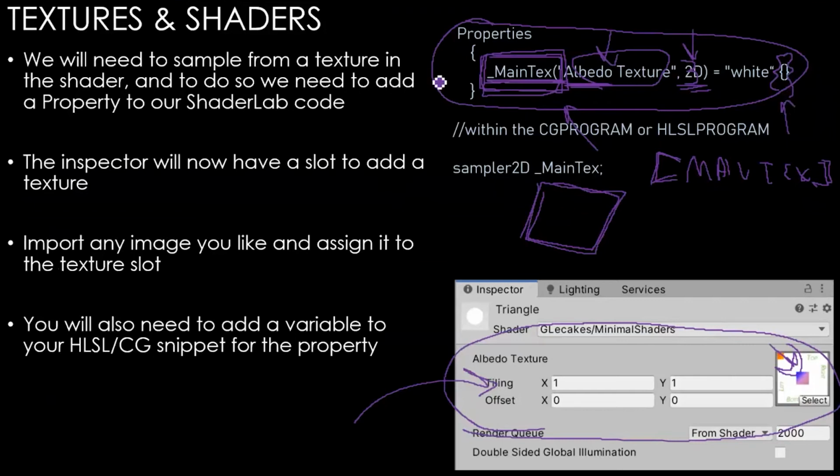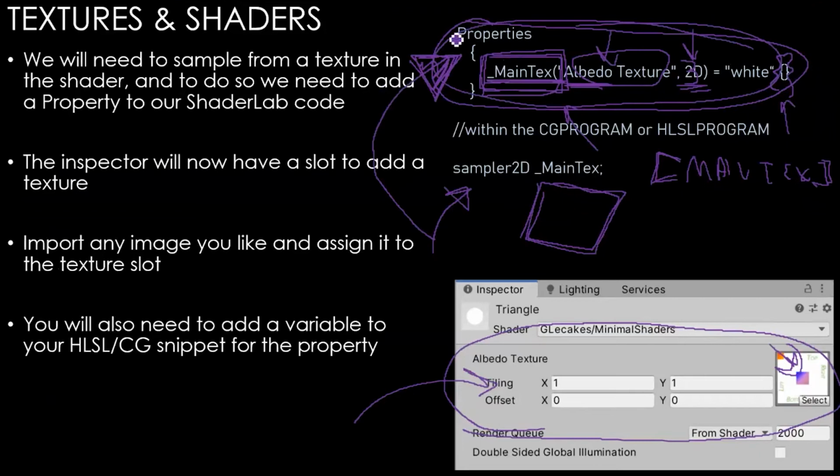Remember that I mentioned, but you probably forgot, that a property that is declared here does not mean it is declared in your shader. This is the glue that links Unity to your shader. It is what shows up in the inspector. It does not mean you have actually created a variable in your shader code.